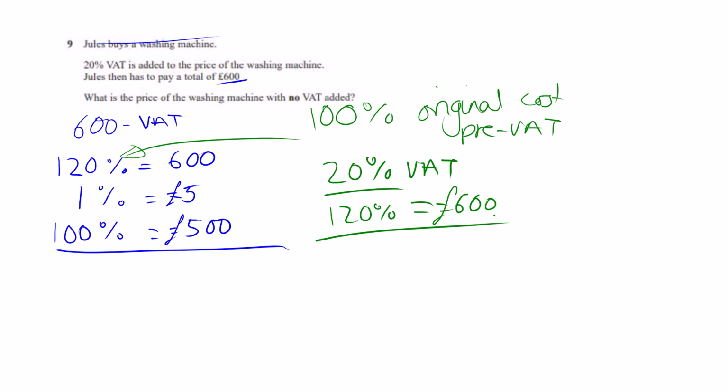So that is why we had 120% and then you simply have to divide by 120. And then times by 100 to get our 100%, which is the cost before that.